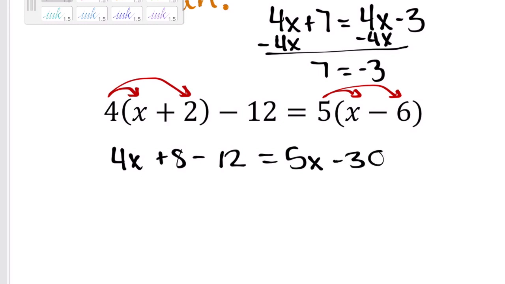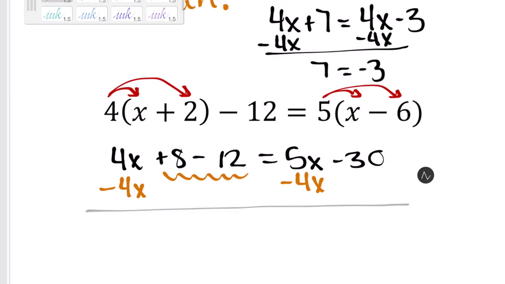Next, I want to get my variables together and simplify some like terms. I have these two like terms, and I'm going to move the smaller variable to the other side because I don't like working with negatives so much. I'm a positive person, so I like to work with positive numbers.